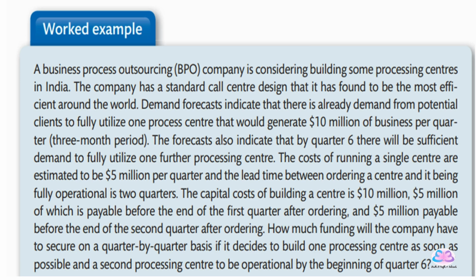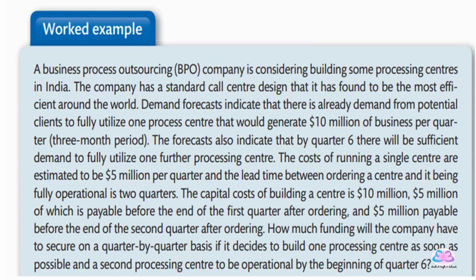The capital cost of building a center is $10 million, $5 million of which is payable before the end of the first quarter after ordering, and $5 million payable before the end of the second quarter after ordering.